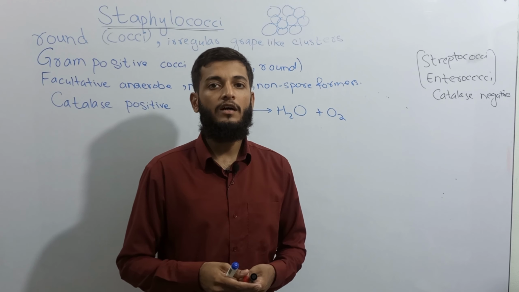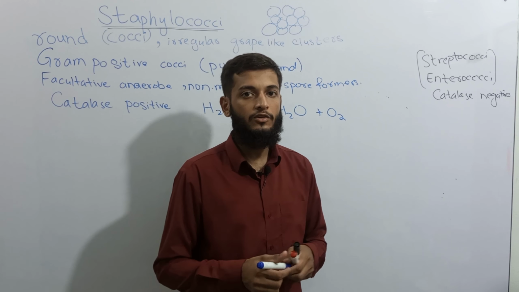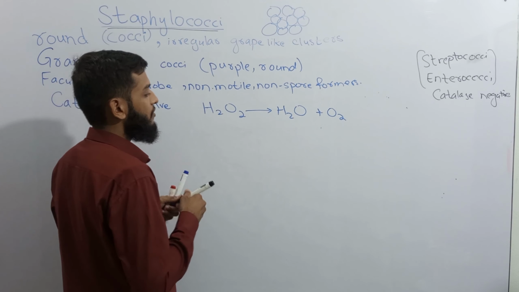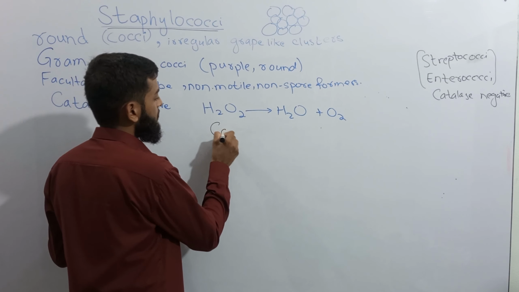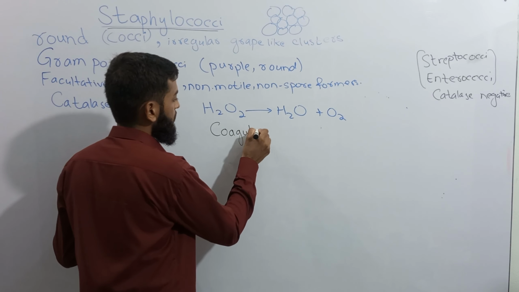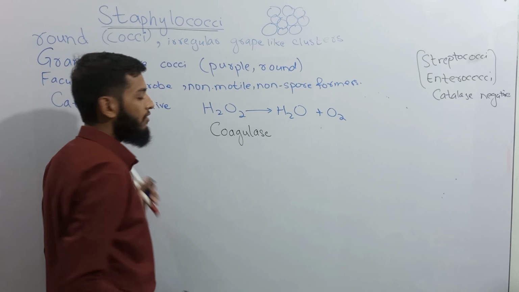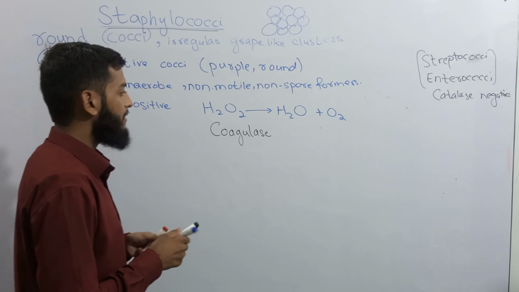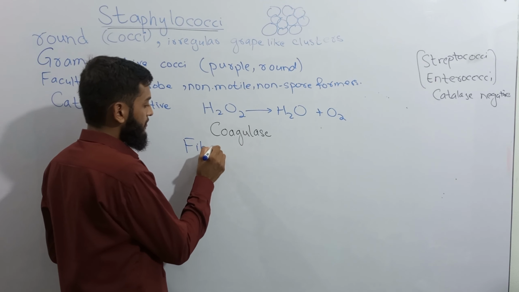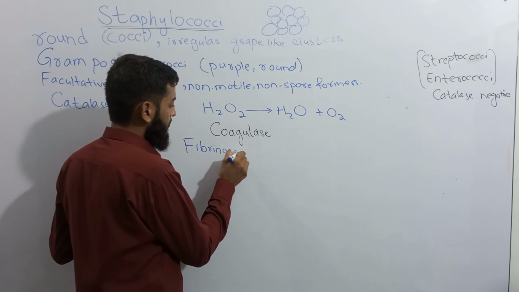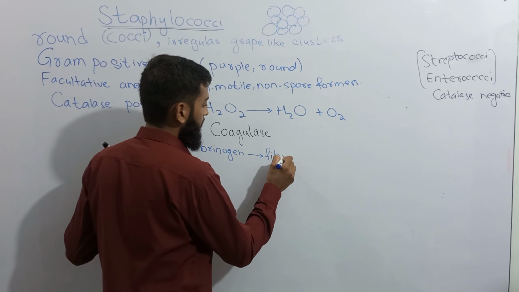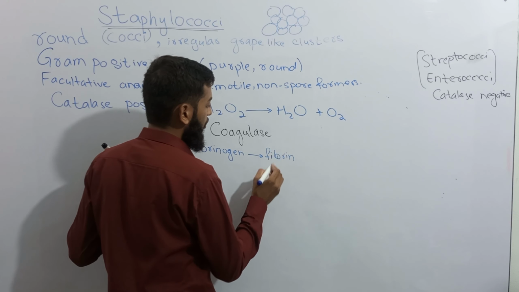Staphylococci are further classified into groups on the basis of an enzyme known as coagulase. Coagulase enzyme can convert fibrinogen into fibrin, resulting in clot formation.